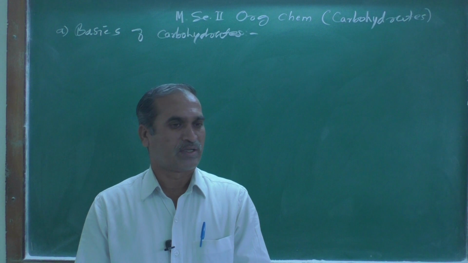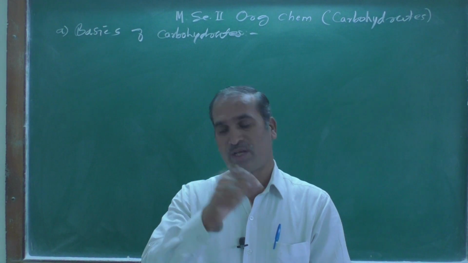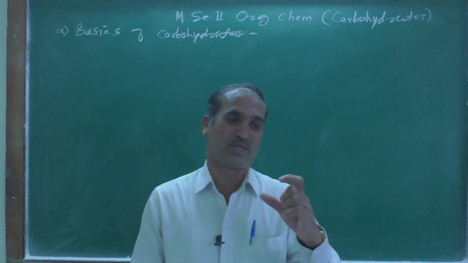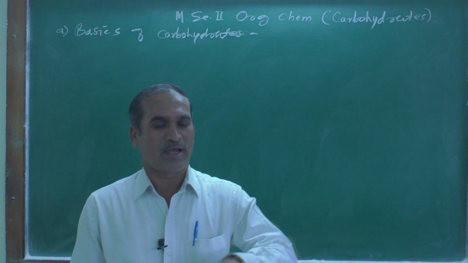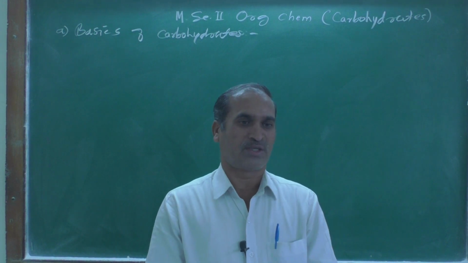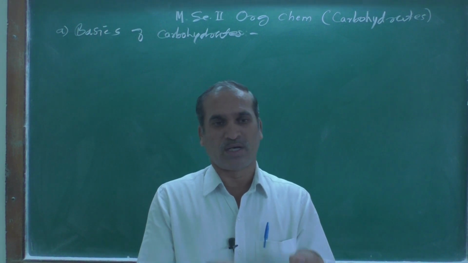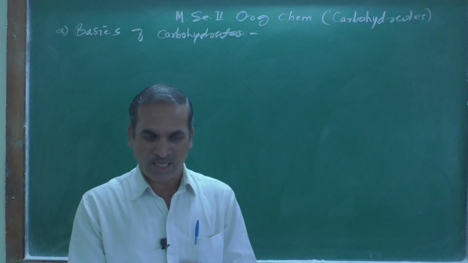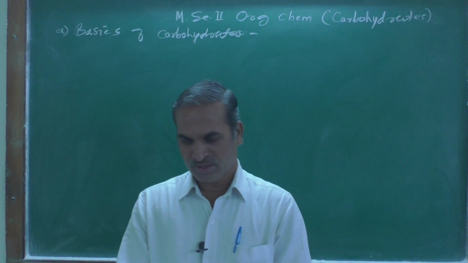Generally, a chiral center, the definition itself suggests that optically active means they can rotate the plane of polarization either to the right hand side or the left hand side. That type of organic compound, particularly in this topic carbohydrates, is optically active in nature.